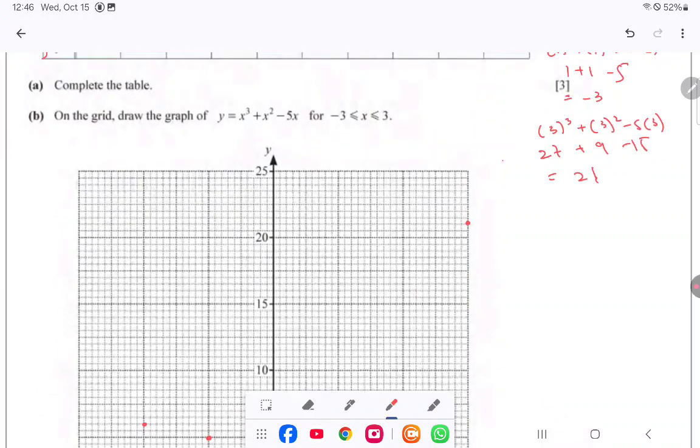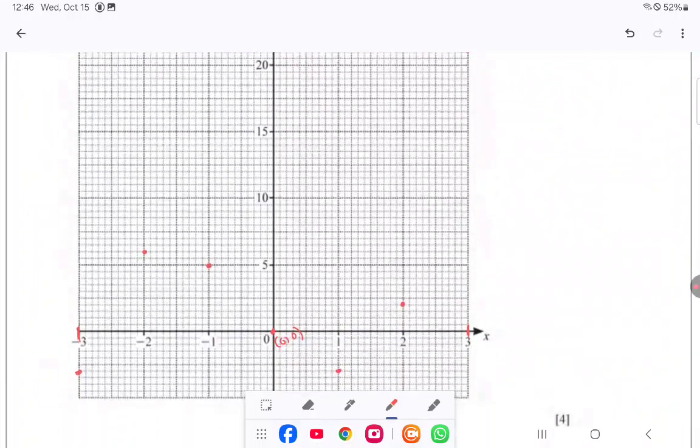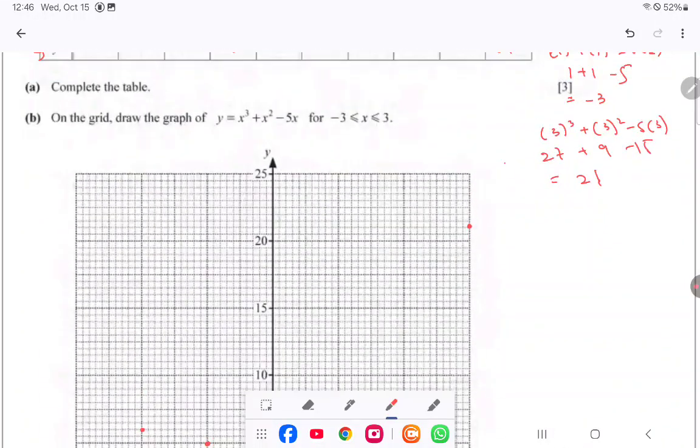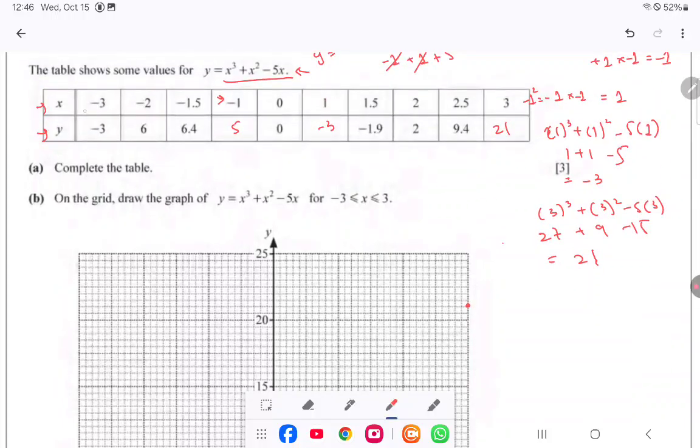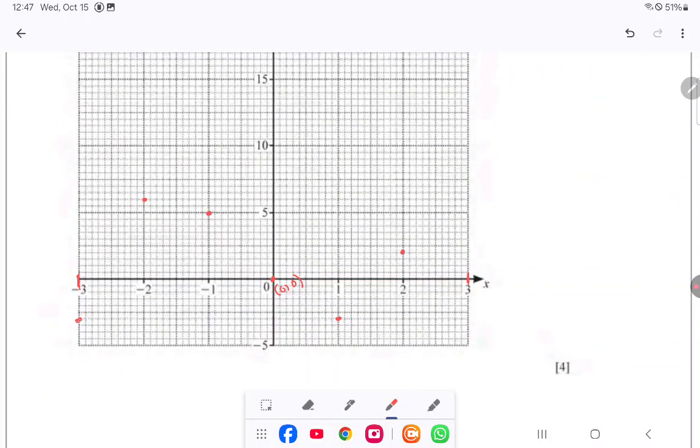On 0 x and 0 y, this is the point. For -3 x, y is also -3, this is y -3. In between 0 and -5, this is our -3 and this is y -3. This is our 1 point.